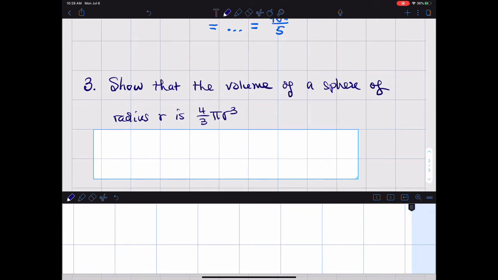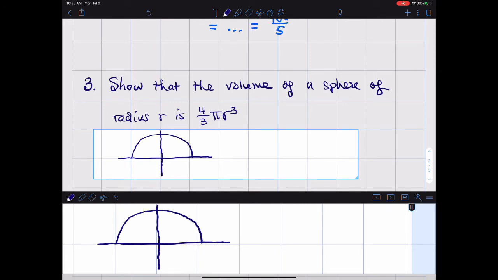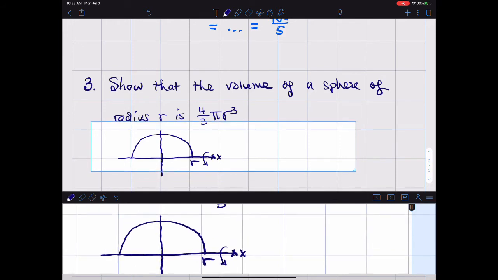If you think of a sphere, you might see a sphere as a semicircle with radius r that is rotated about the x-axis. So this is a semicircle.